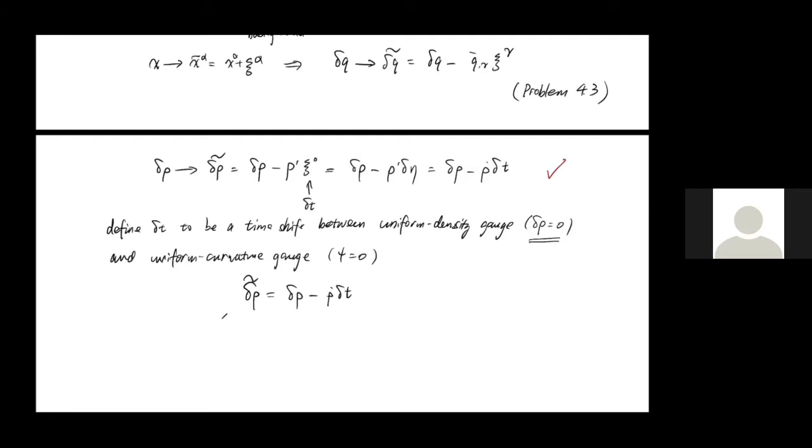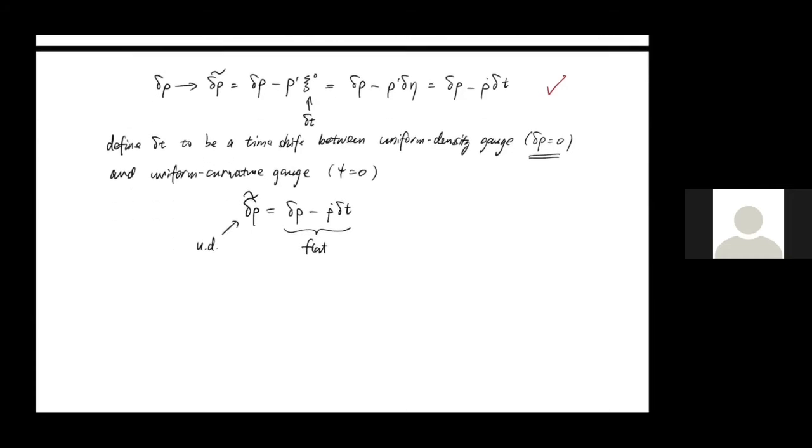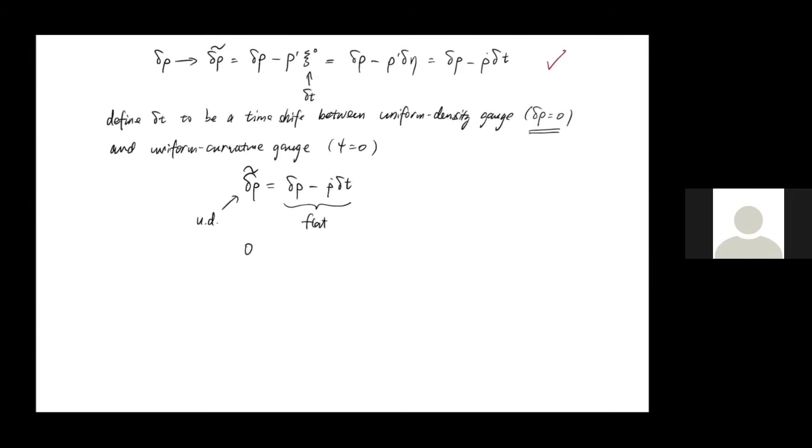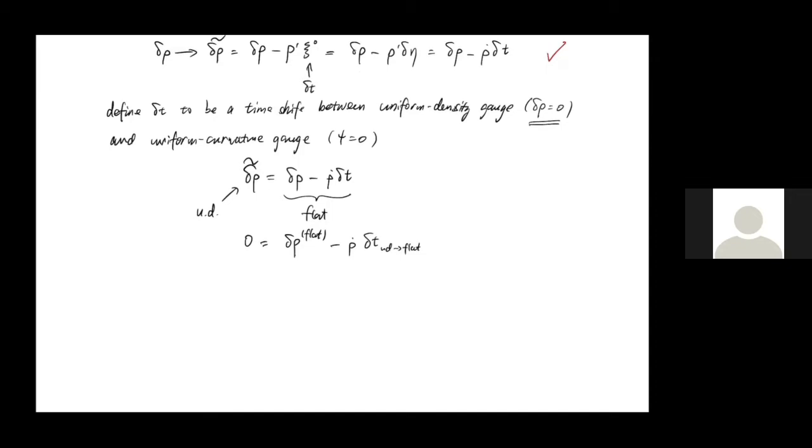So this is in the uniform density gauge. This is in the flat gauge. And this left-hand side is 0, right-hand side is delta rho in the flat gauge minus rho dot of delta t from uniform density to flat. So then it's very easy to define the so-called curvature perturbation in this way.